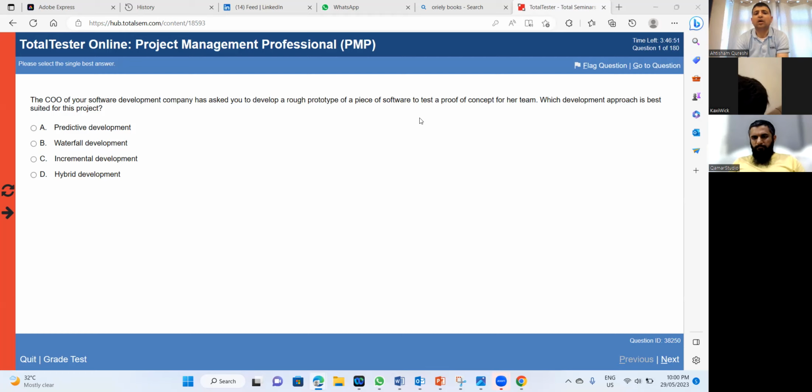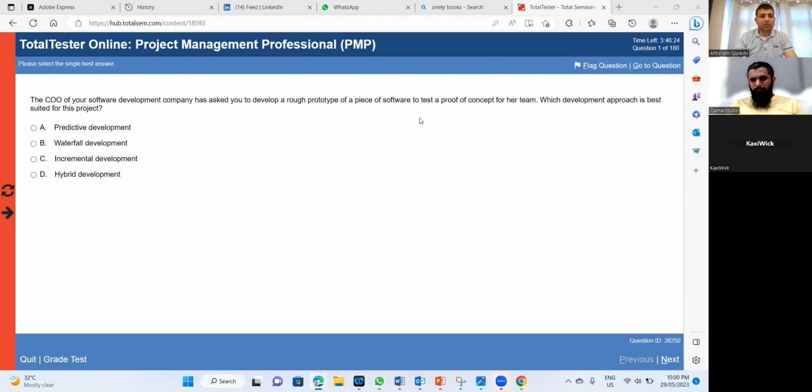Look, I don't think so, because predictive, if you remember, is for projects where we know the final product's look and feel, shape, and we can estimate how much time and cost will be required for the final thing. We can predict today how much the project cost and total time will be.